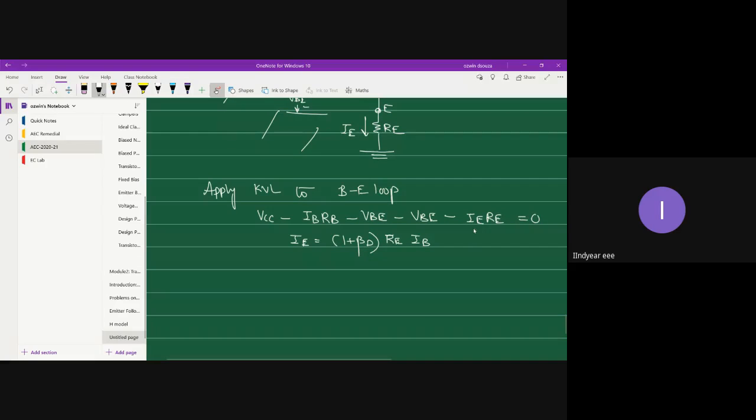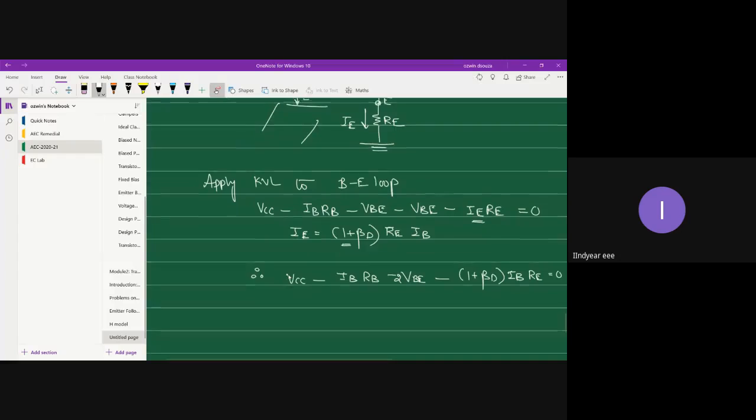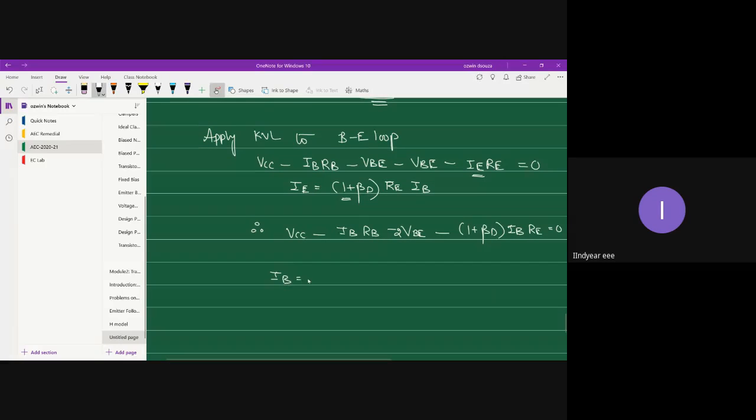So against IE, we have 1 plus beta D. So therefore, VCC minus IB RB, minus 2 VBE, minus 1 plus beta D times IB into RE is equal to 0. Or the base current IB is basically VCC minus 2 VBE divided by RB plus 1 plus beta D times RE.